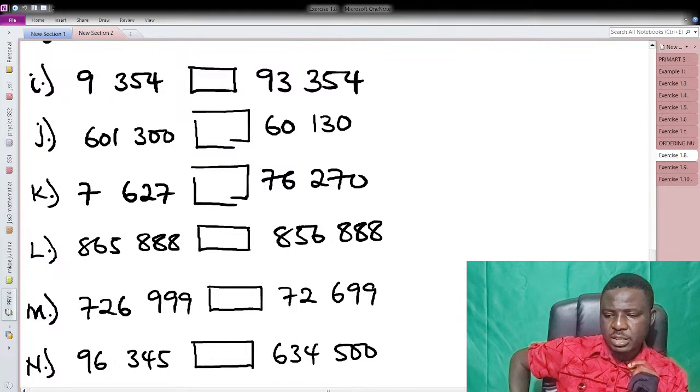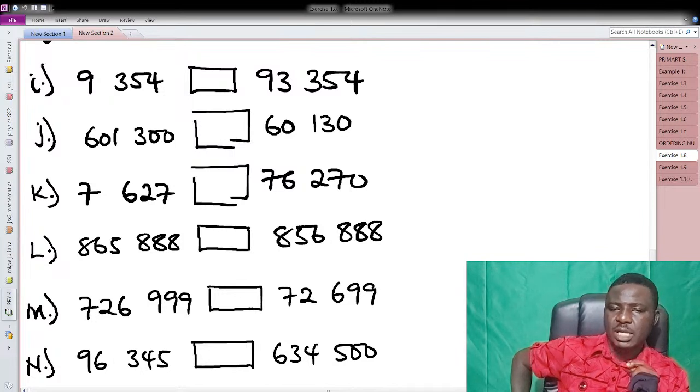Say L is greater than. Yes, that's the correction I wanted you to make. So what's the answer to the last one?